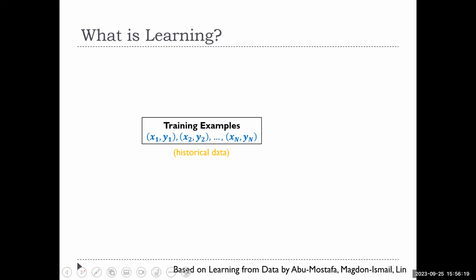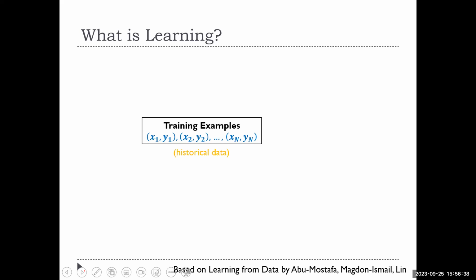Okay, what is learning? We have historical data. For data samples, we know their attribute values, X, and we have a decision that has been made for the historical data. For credit approval, it is provide credit or decline credit, for example.